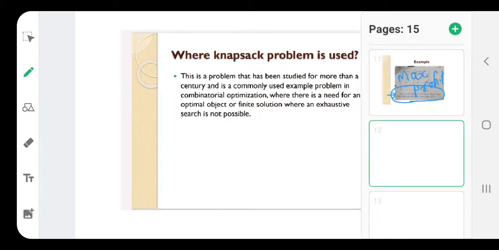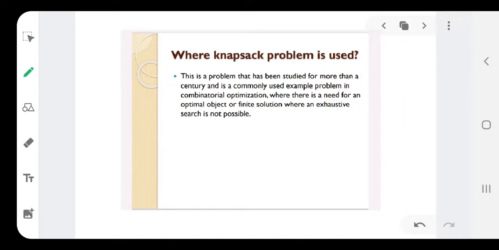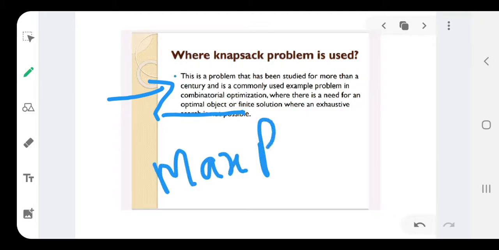Now let us see where the knapsack problem is particularly used. This knapsack problem has been studied for more than a century and is a commonly used example problem in combinatorial optimization, where there is a need for an optimal set of objects: which objects we should pick from the object set so that we get the maximum profit.